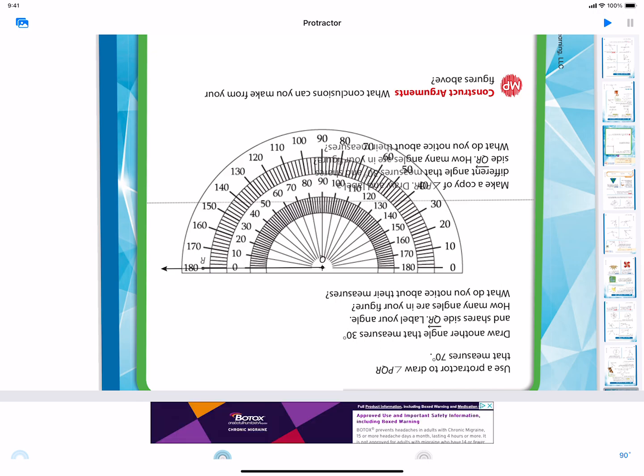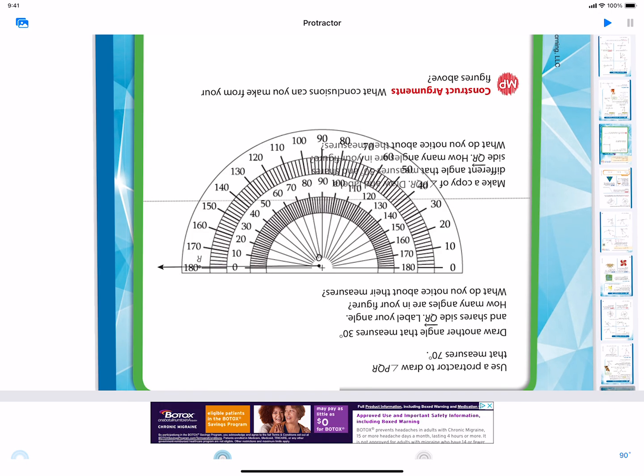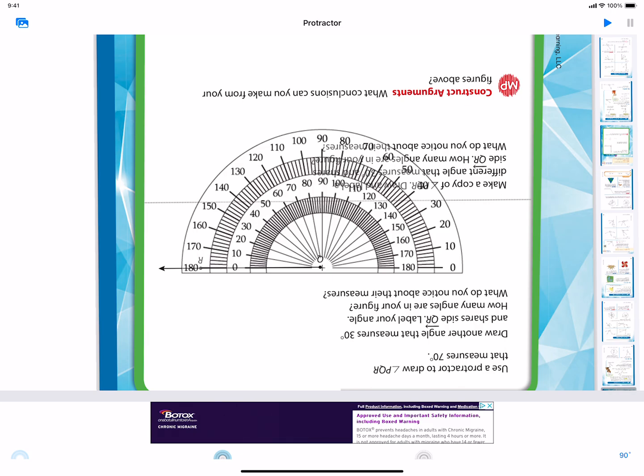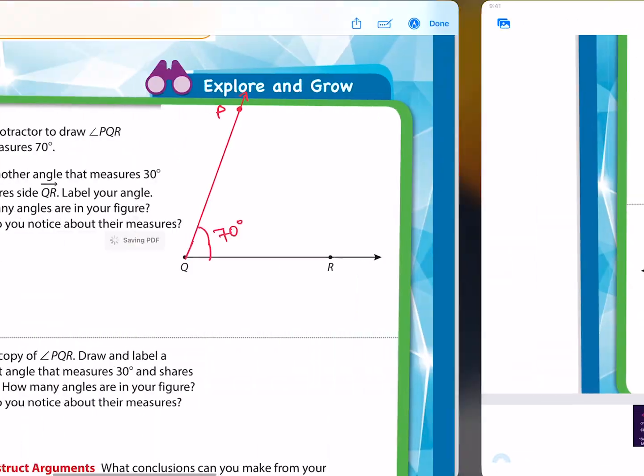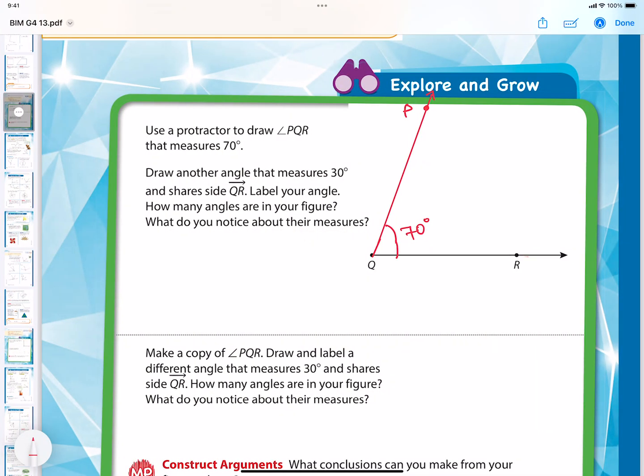Since my 0 degree mark lines up with this left line, which is the inner circle, I am going to use the inner circle, angle 1 to 10, 20, 30. So it's going to be here. I'm going to put this sign in here and measure.